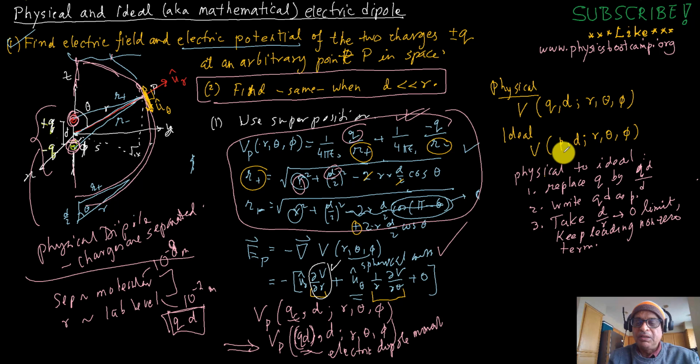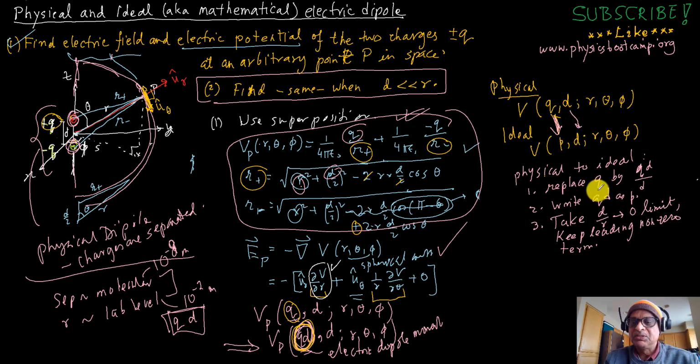Now, if you replace Q with a new quantity, take one of these charges and multiply by the distance between them. Then you can replace the Q by P, but you won't be completely able to replace it. You replace it and the D will still be left.